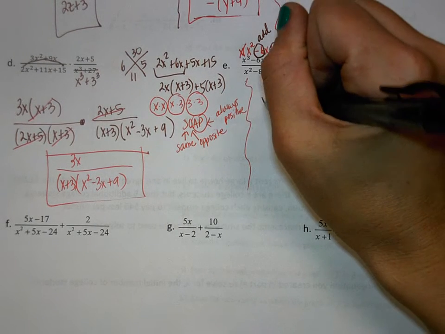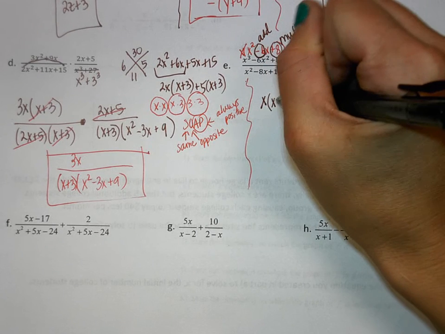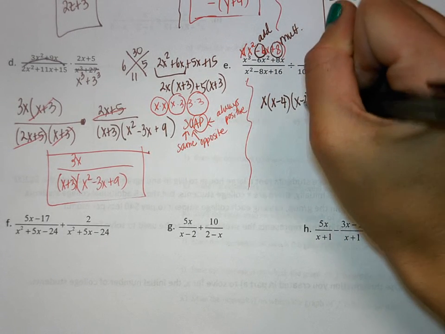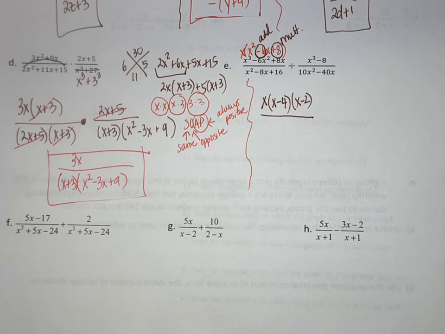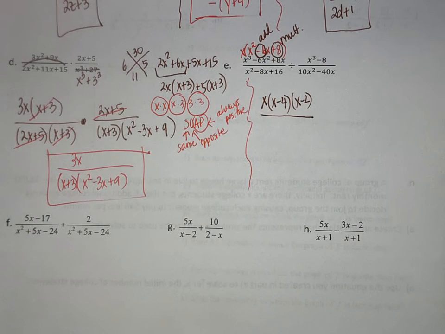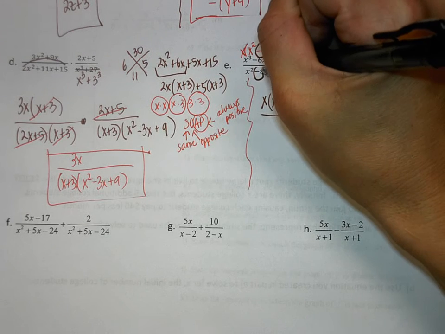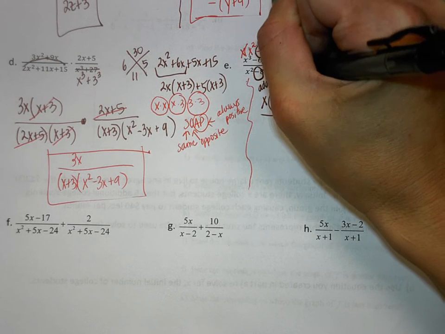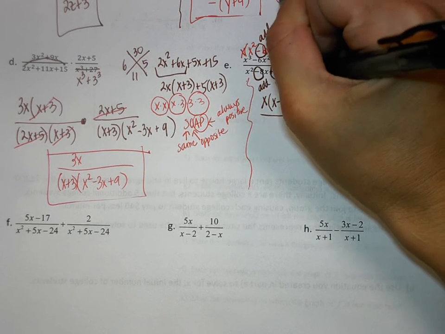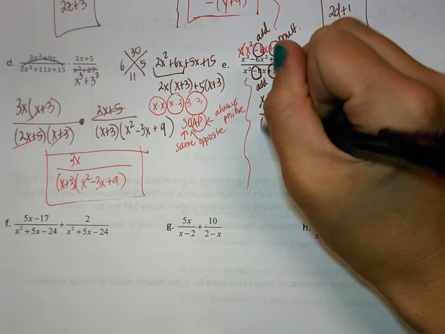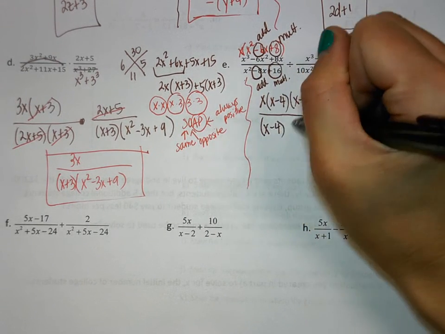So we have x, and we get x minus 4 and x minus 2. Okay, the denominator here, we're looking for something that adds to be negative 8 and multiplies to be 16. Two negative 4's. Very good. So we have x minus 4 and x minus 4.